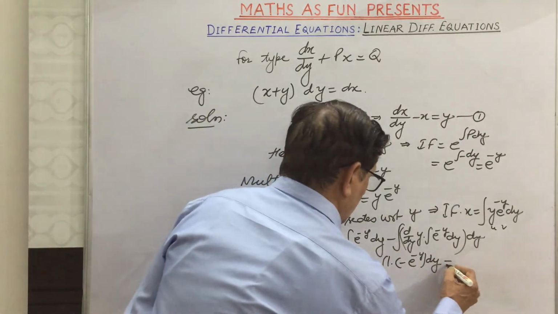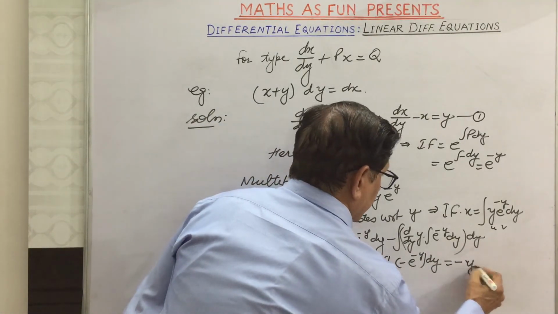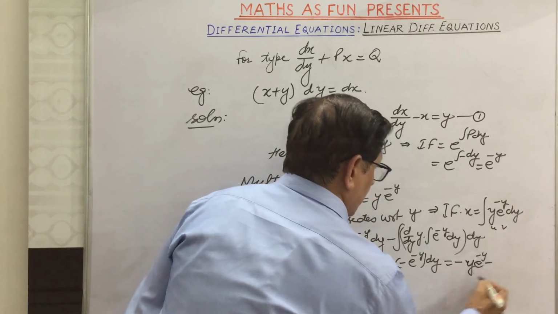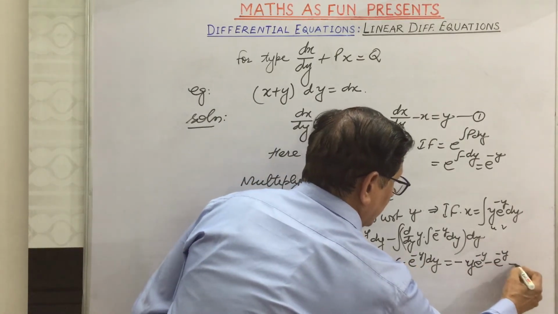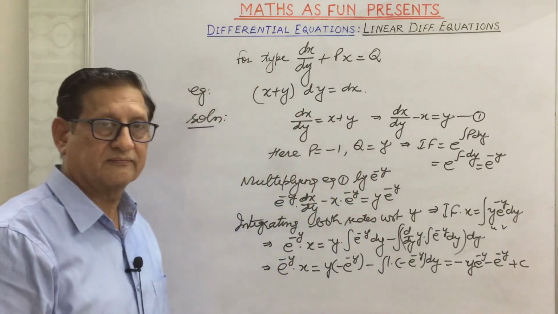This is equal to minus y into e to the power minus y minus e to the power minus y plus c.